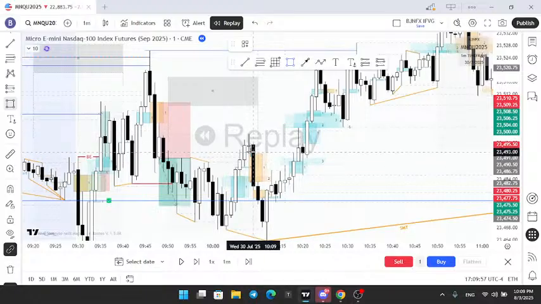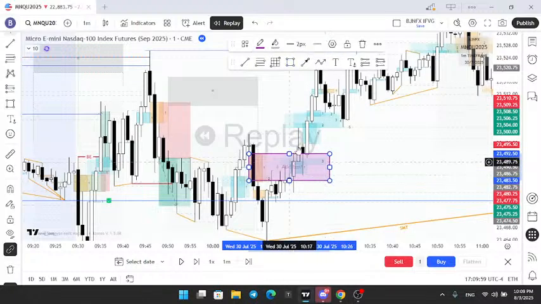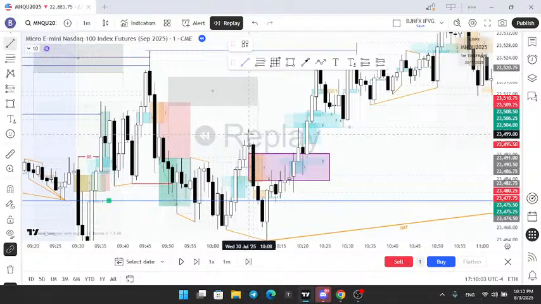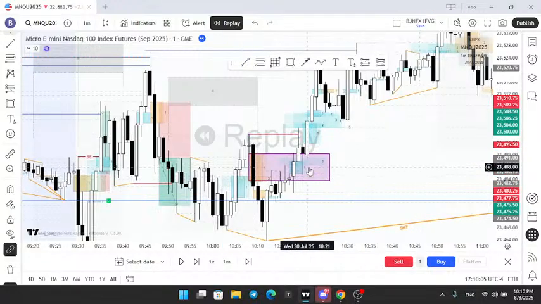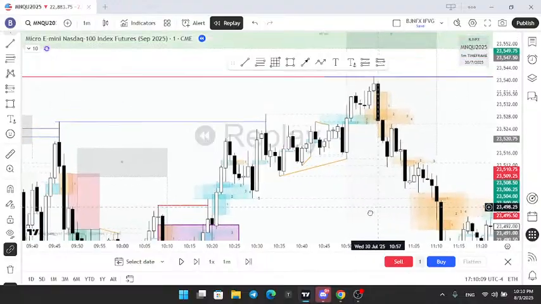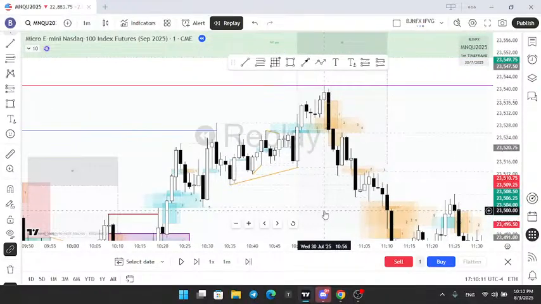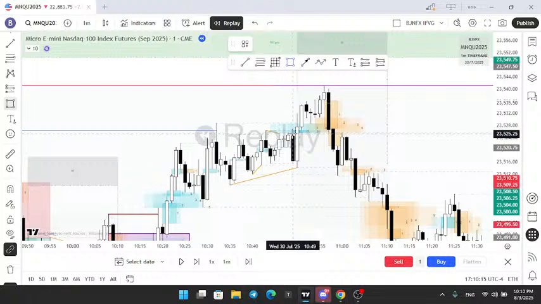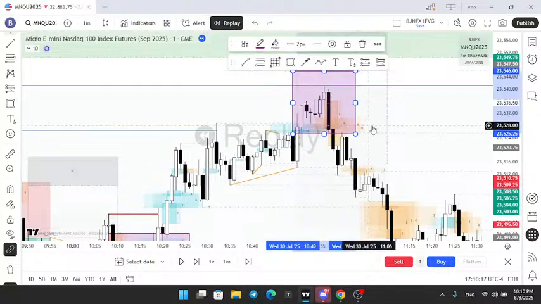This here wasn't valid. The price swept the liquidity before closing above the FVG until this point here.